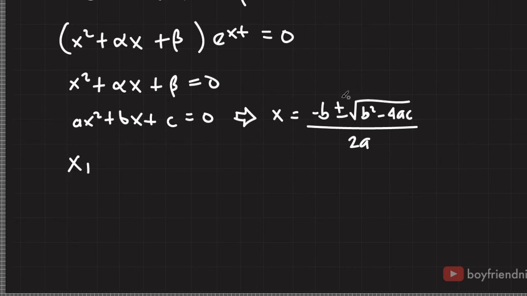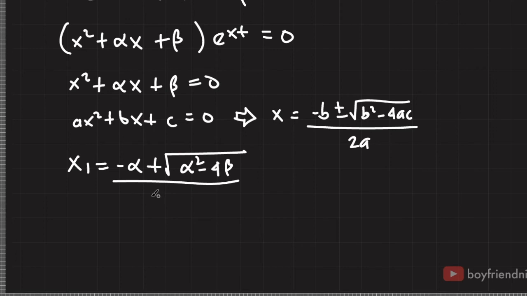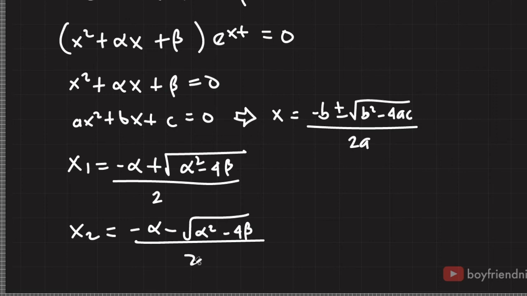One is for the positive radical sign, which is negative alpha plus the square root of alpha squared minus 4 beta, divided by 2 times 1. There's no 1 here. Then for the other root, we consider the negative sign: negative alpha minus the square root of alpha squared minus 4 beta, divided by 2.